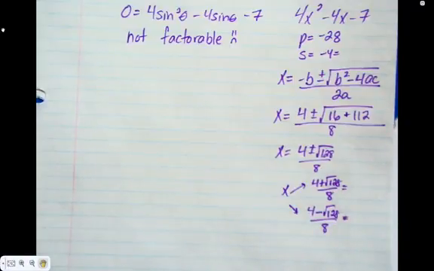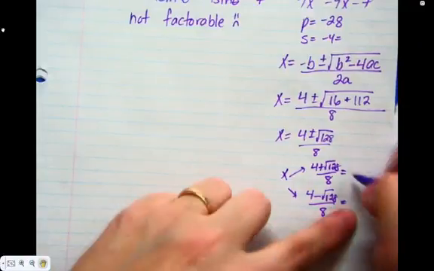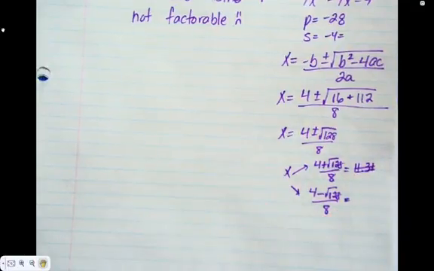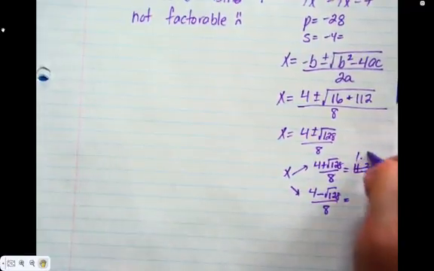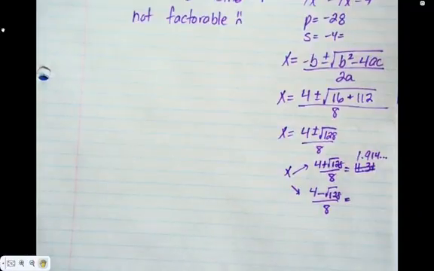Don't round off, but get the decimal value and just give me a couple. Can I put 1.914 dot, dot, dot?